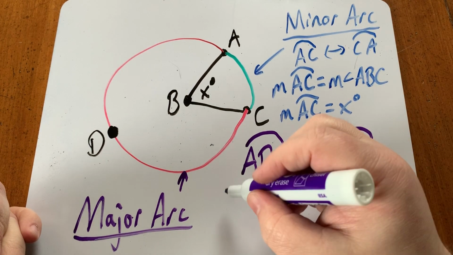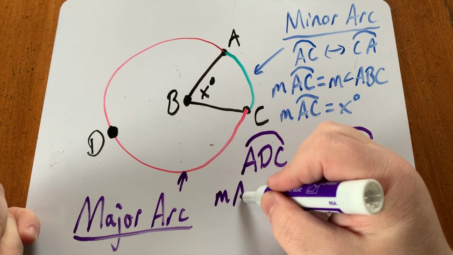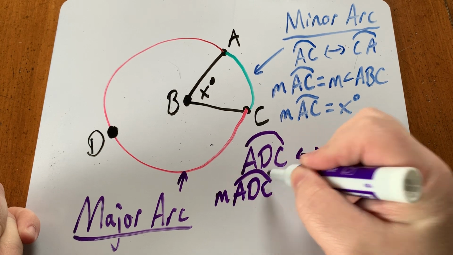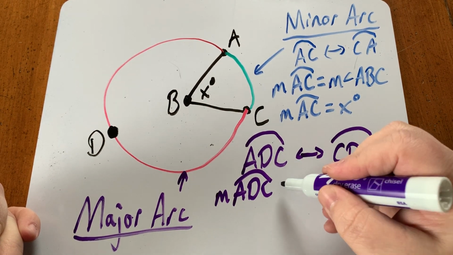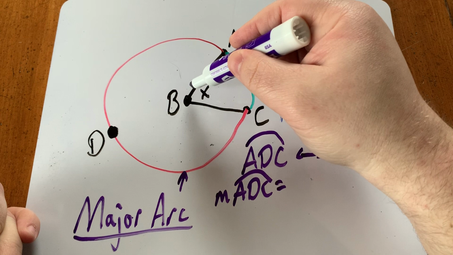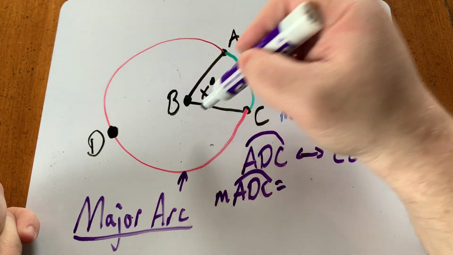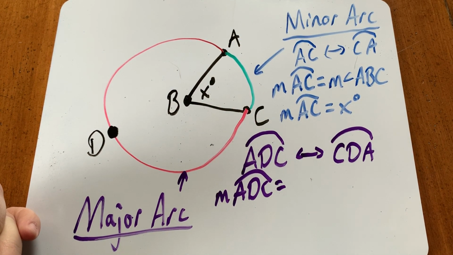Just like with the minor arc, to talk about the measure, we use an M. But this time, it's equal to the measure of this reflex angle there, but we don't have a way to name that in Euclidean geometry.